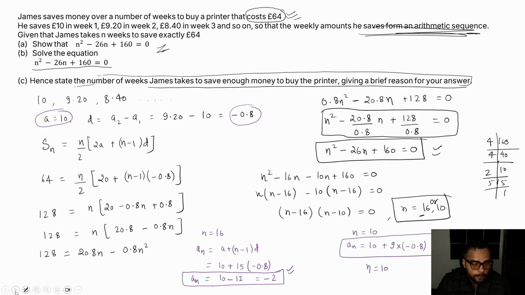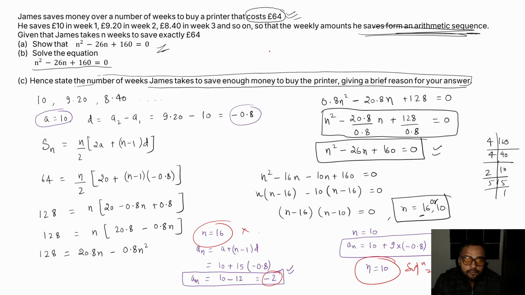Why is this so? We need to see that this part is the solution, not this part. If we take n equals 16, students, the last term is negative 2.